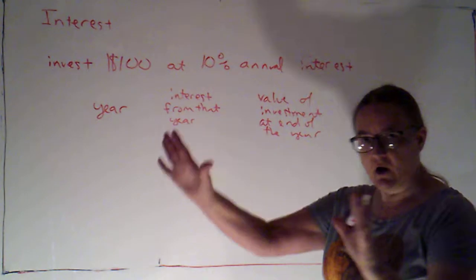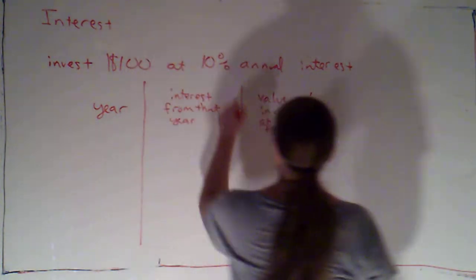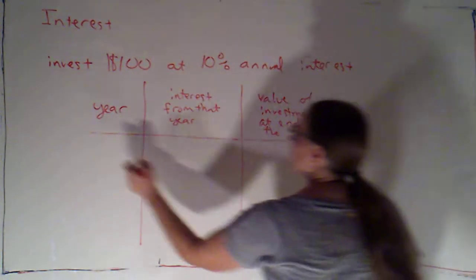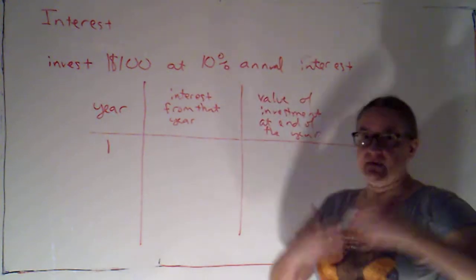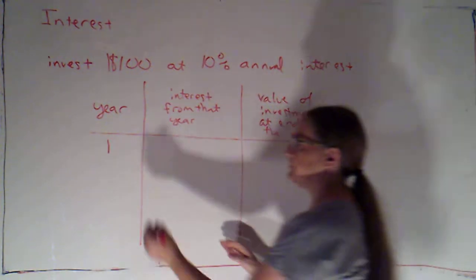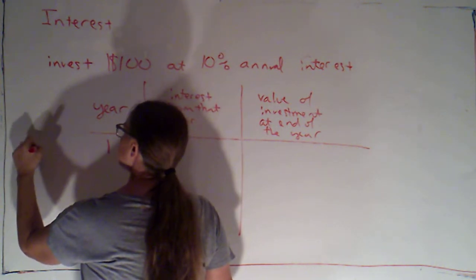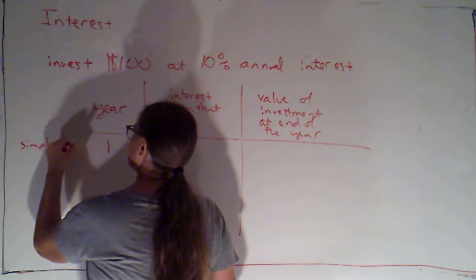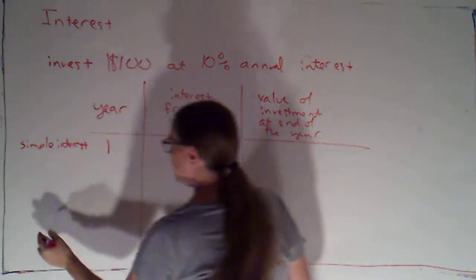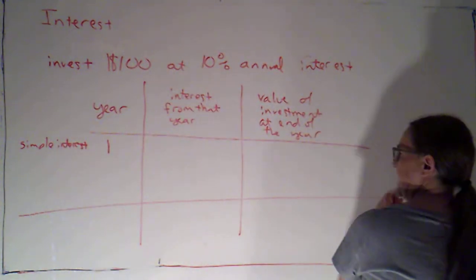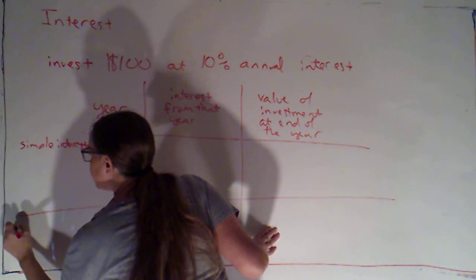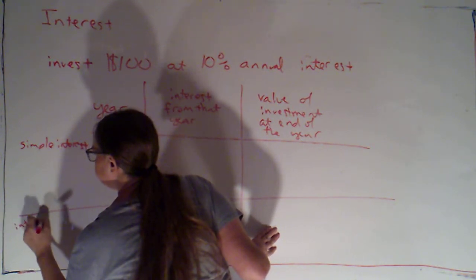We'll say time zero is when we make the investment. So year one, we're talking about at the end of that year. Okay, and I'm going to do this with simple interest here, and then I'll do it again down here for interest compounded annually.